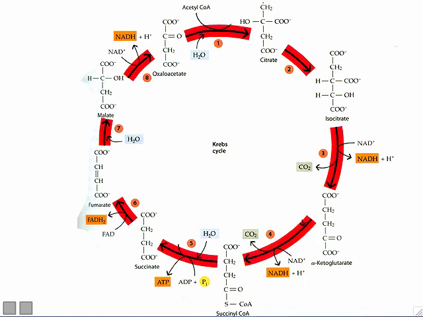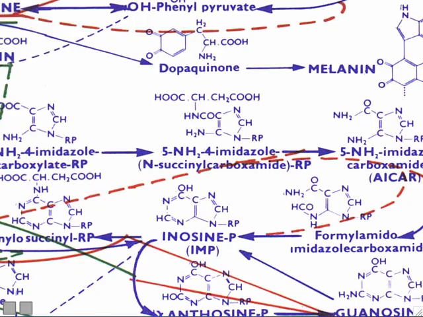What I was about to say a moment ago, before I interrupted myself, was that cells have hundreds of metabolic pathways going on inside themselves simultaneously. This just shows some of these. Again, don't feel you have to memorize any of this, but here's a molecule called, I don't know, what is that? 5-amido-imidazole carboxylate ribulose phosphate.